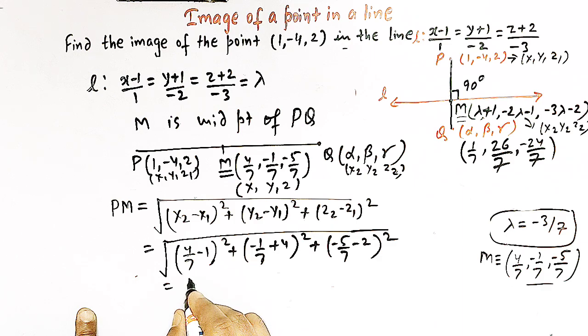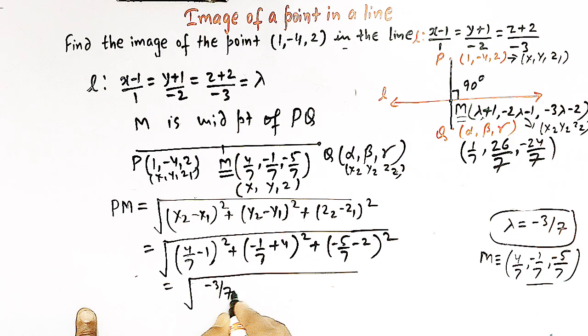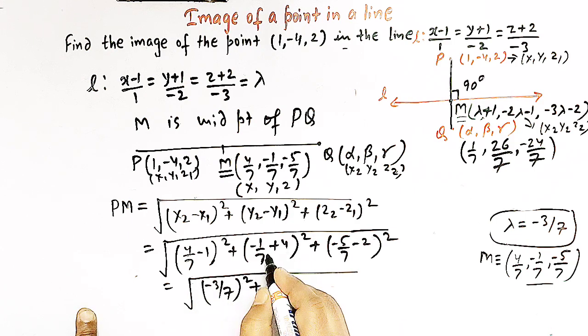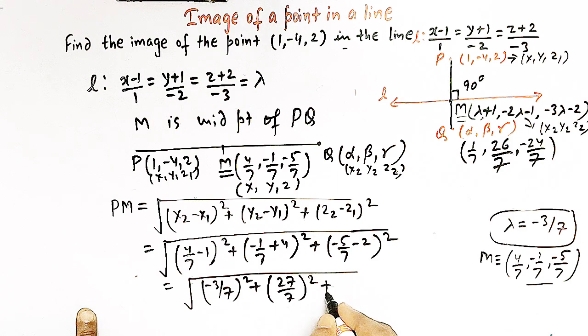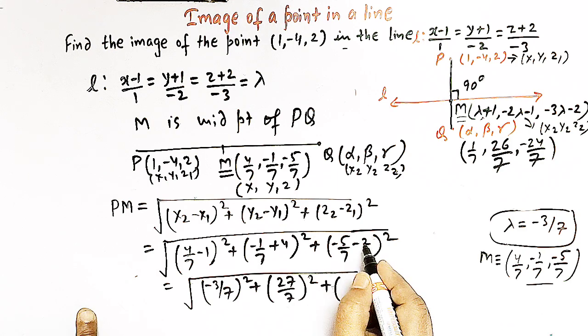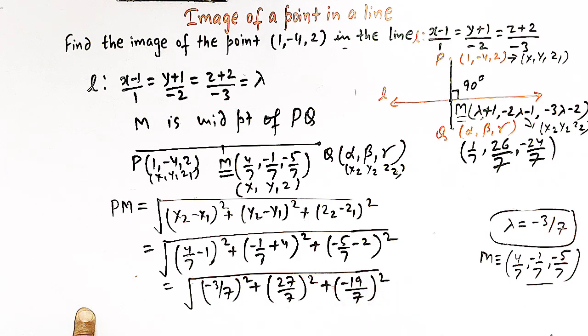So this is now 4 over 7 minus 1 is minus 3 over 7 square, and here we have 28 minus 1, that is 27 over 7 square, and here we have minus 14 minus 5, that is minus 19 over 7 square.